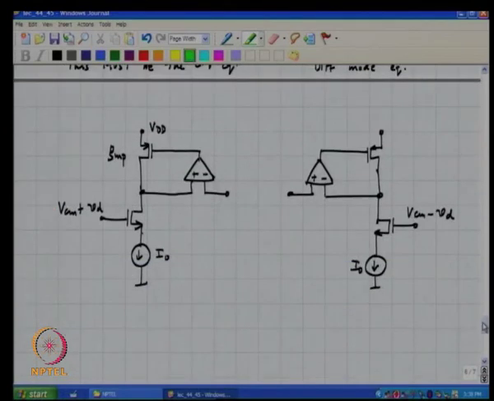So what should we do? Connect what together? We need to connect the sources together, okay. All right. Oh, I am sorry, the polarity of this is, I made a mistake, okay.